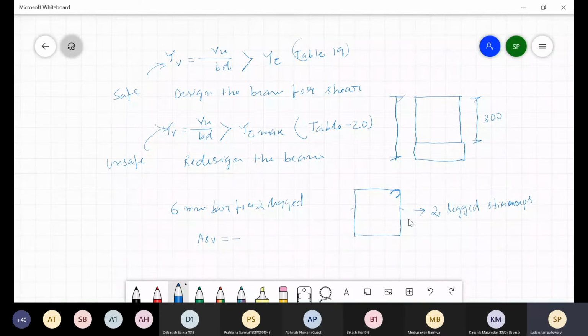So always check whether it is two-legged or three-legged. Three-legged is like this. If three legs are there, you have to multiply by 3.